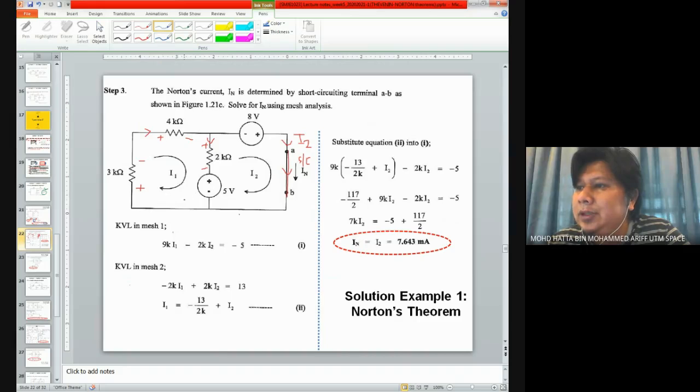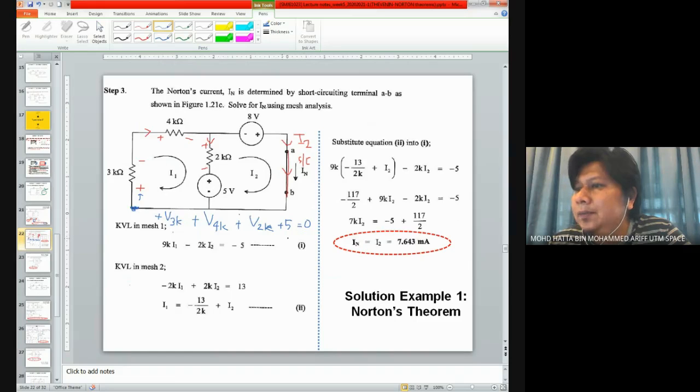At mesh number 1, if I start here, I have positive V 3 kilo plus V 4 kilo plus V 2 kilo plus 5, and we return back to our original place where we start, equals to 0.